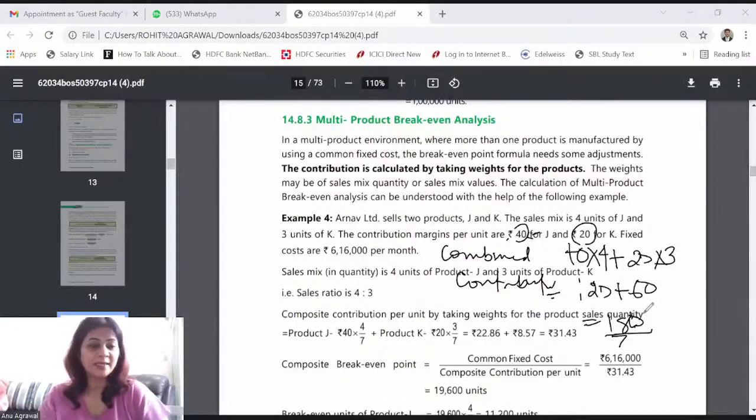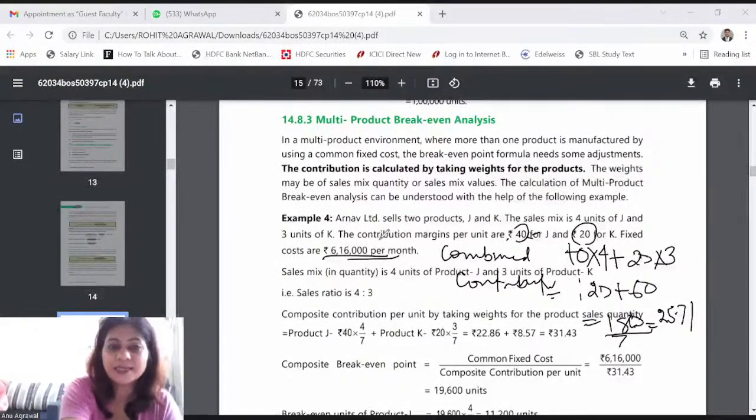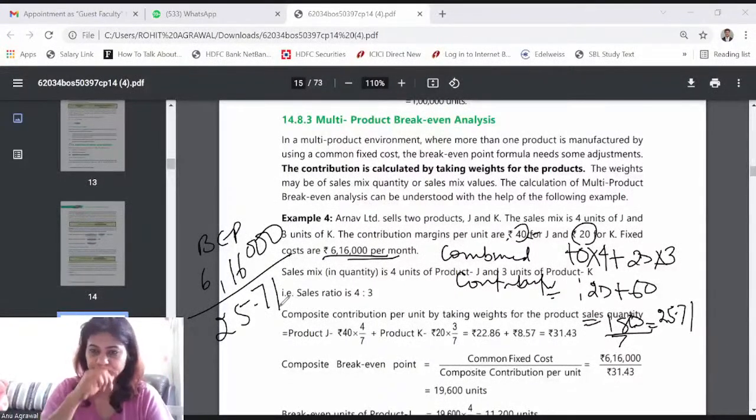Once we do that, I get out with a combined contribution. How much is it? It is some 25.714. My fixed cost was 6,16,000. So my break-even point will be how much? 6,16,000 divided by 25.7. Yes or no?